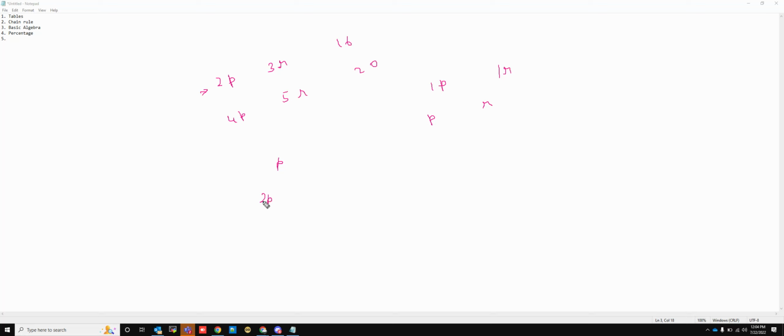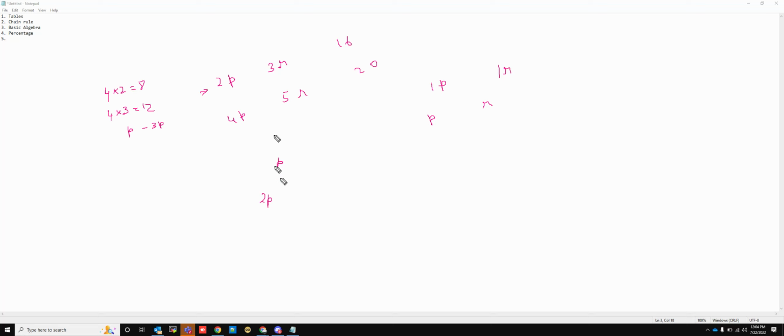You have to just multiply 2 with that, right? If the price of one pencil is 4 rupees, price of two pencil will be 4 into 2, 8 rupees. What will be the price of three pencil? 4 into 3, 12 rupees. So if one pencil is P rupees, price of three pencil will be 3P.